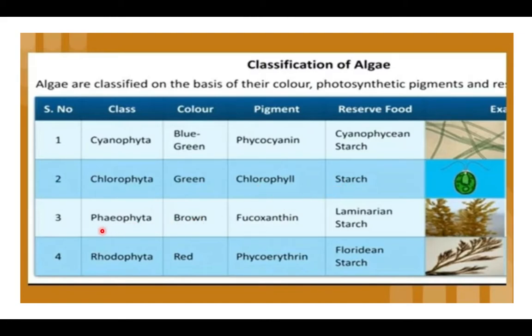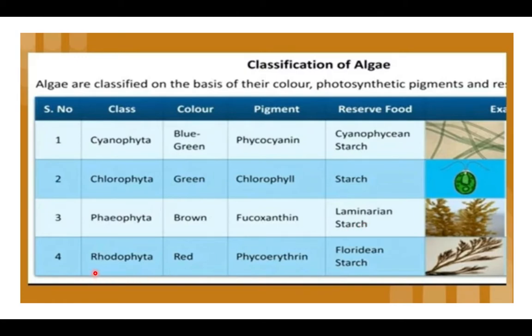Next, Phaeophyta is a brown colored algae, the pigment present is fucoxanthin, and they reserve food in the form of laminarin starch.